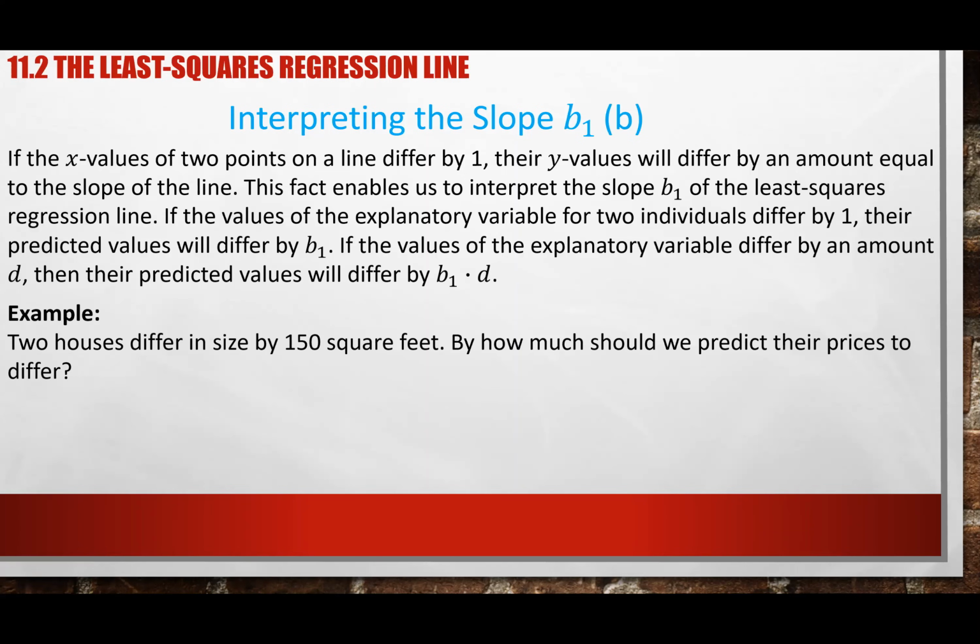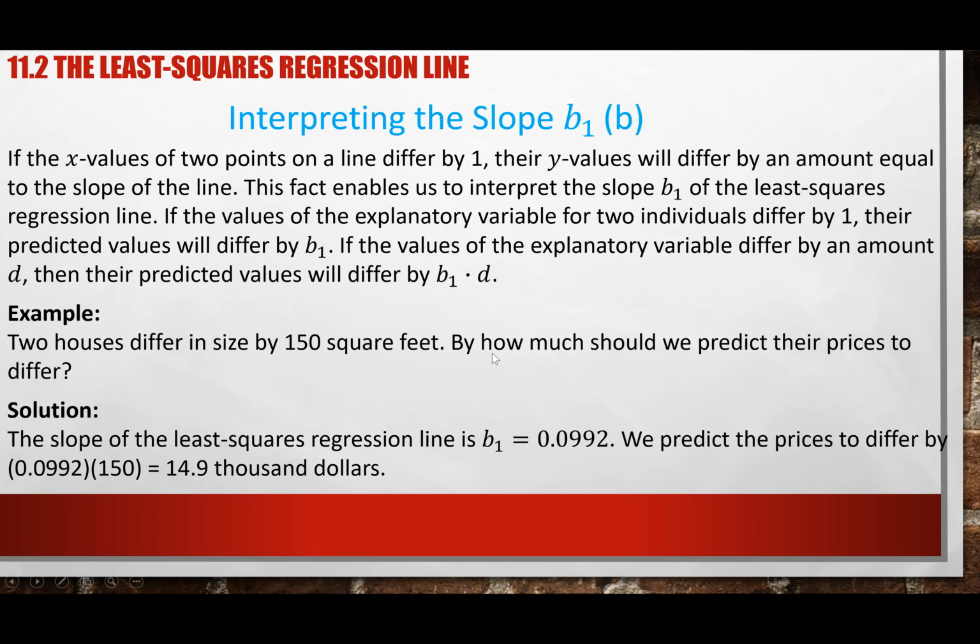Okay, so all this wording is a little bit difficult to understand, but think about it. Remember, my x is the sizes of the house. If they tell you that two houses differ in size by 150 square feet, what would be my difference in price? They tell you that if we know the difference in 1 unit, which is the difference in the x, then all we need to do is multiply this difference by the slope, which is the number in front of the x, 0.0992.